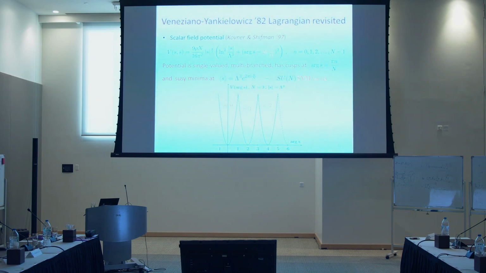Then it starts to grow again, and then this parameter n jumps again, and things go on until the value 5, where the argument s reaches the value of 2 pi n. And this is the same vacuum as the vacuum at n equals 0. And you see that the potential has cusps here, so it is not smooth.